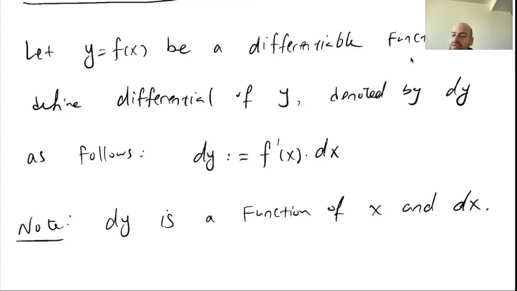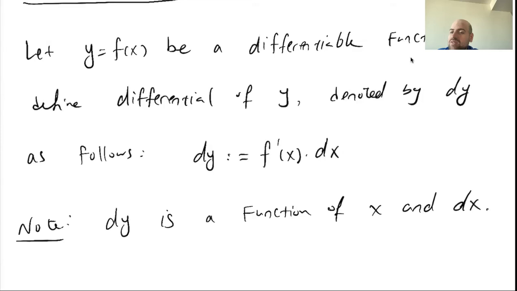We have two independent variables, x and dx. So dy is a function. Y originally was function of one variable x, but dy now it's a function of two variables. So two variables must be determined in order to determine the value of dy. What two variables? X and dx.